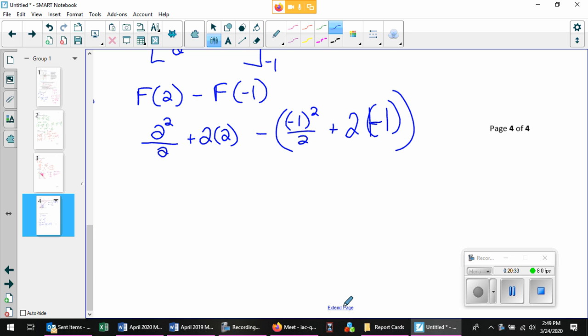So I'm going to get 6 on this side, minus a -1.5. And so my area is going to be 7.5, which is exactly what we found when we did it graphically.